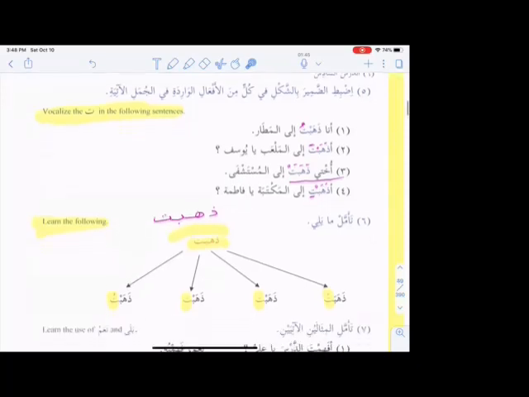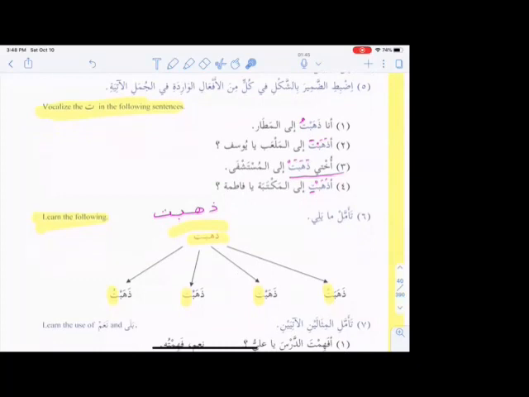But this is the way you will become so strong that you will see the sentence and figure out, is it going to be zahabta or ti or tu or zahabat. So one verb without vowel sign, you can say zahabat, zahabta, zahabti, zahabtu. Four things come from here.